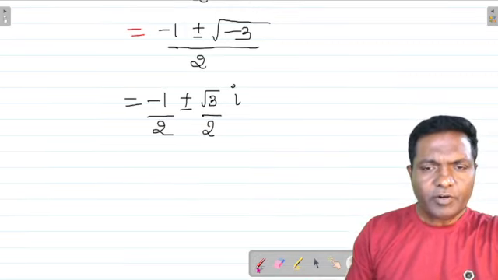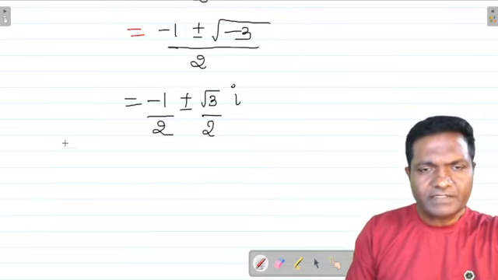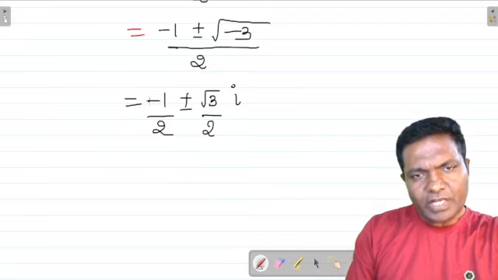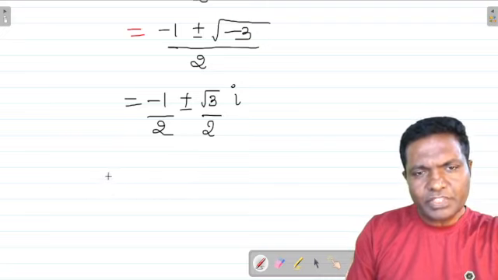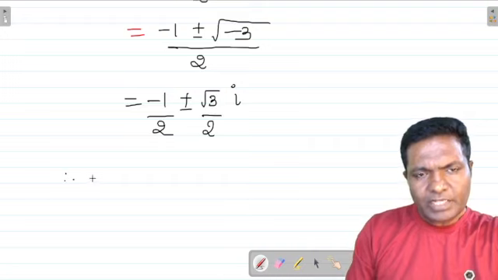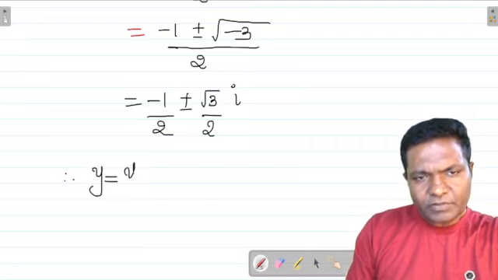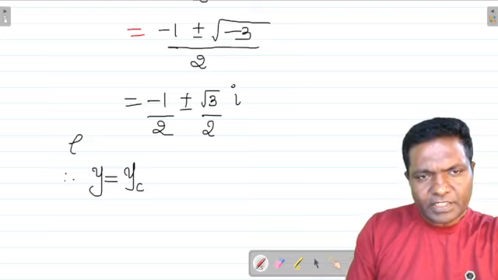These are complex roots. So here alpha is minus 1 by 2 and beta is root 3 by 2. So clearly your general solution is y equal to yc. So this is the general solution.